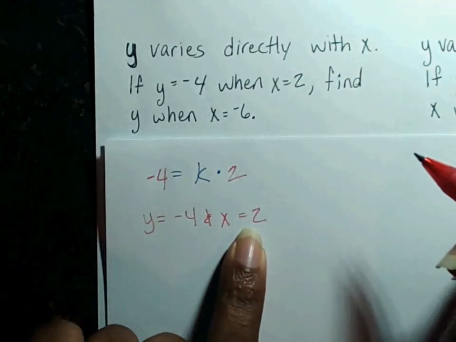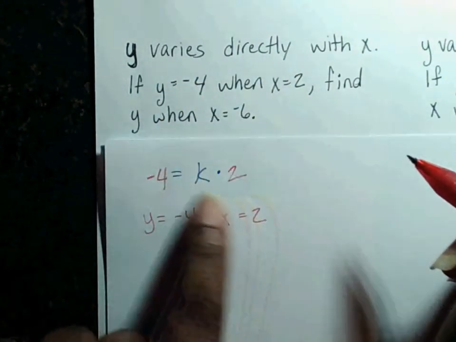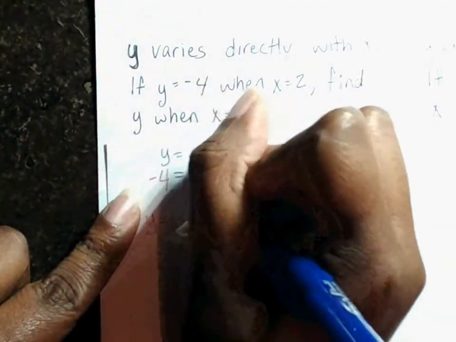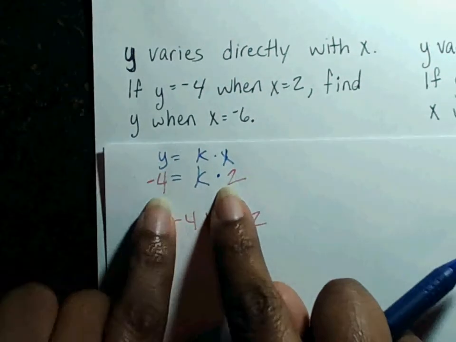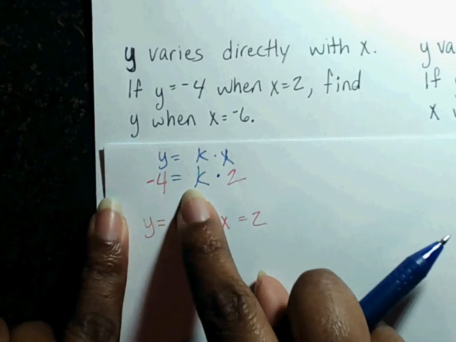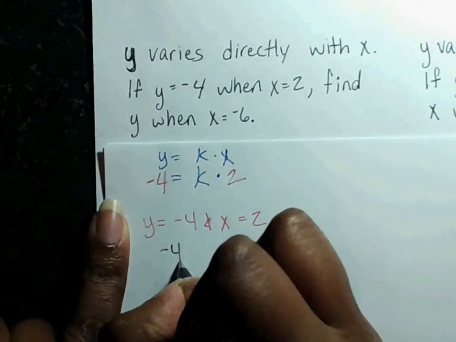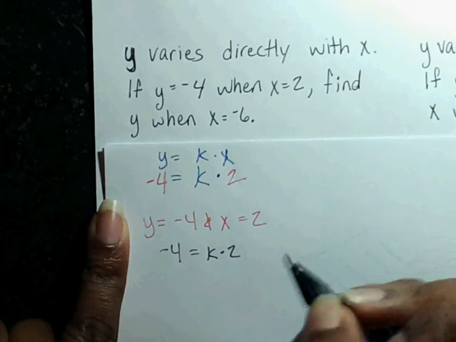Okay, so now that I've substituted the information they gave me into my formula, because my formula was y equals kx, I'm going to solve for k. Well, that's not that bad. When you're looking at it, you have -4 equals k times 2.